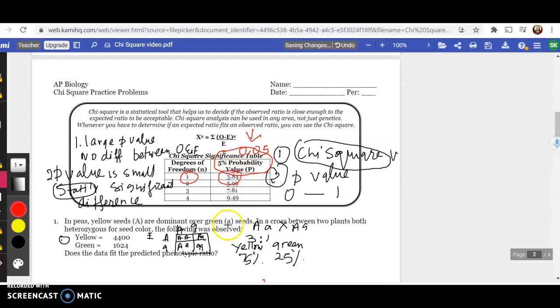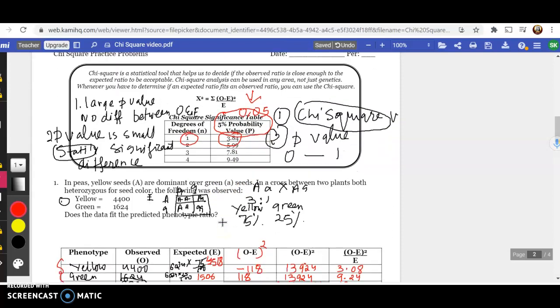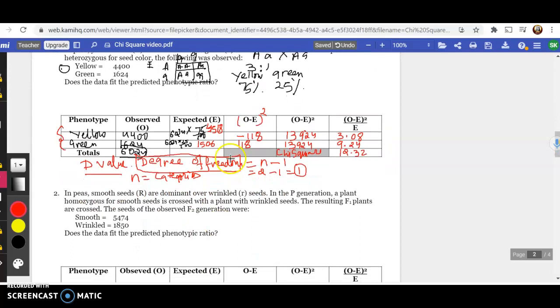So our p-value from this chart is going to be 3.84.